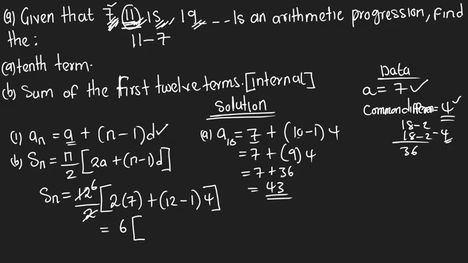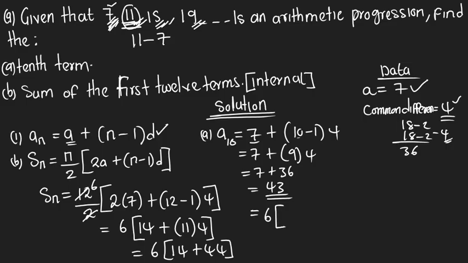2 multiplied by 7, 14. This is going to be 11 multiplied by 4. We know that. This will be 6, this will be 14, plus 4 multiplied by 11, 44. 14 plus 44 is 58. 58 multiplied by 6.